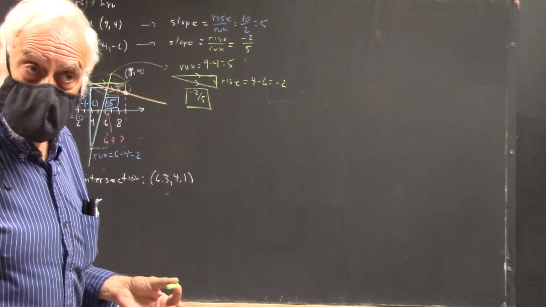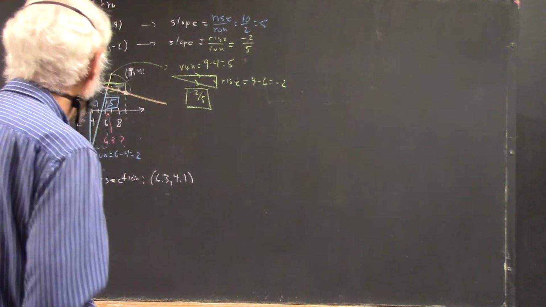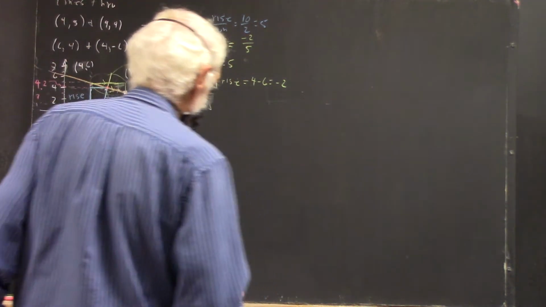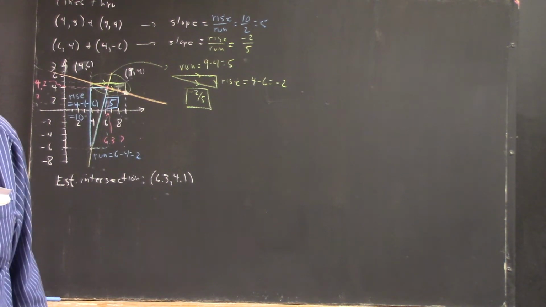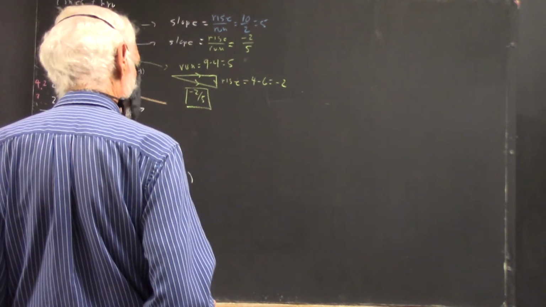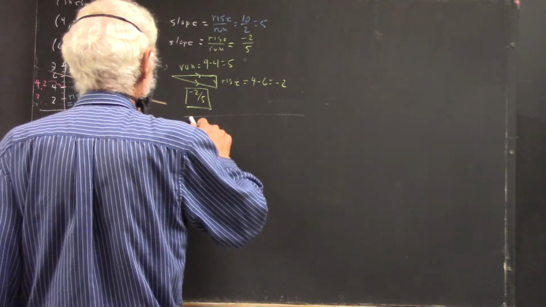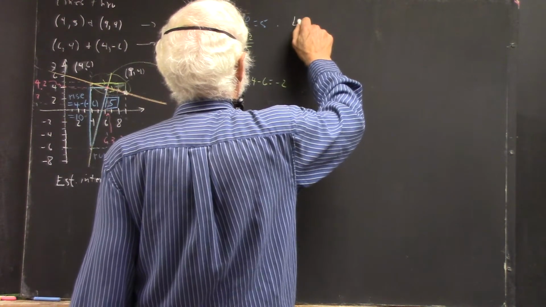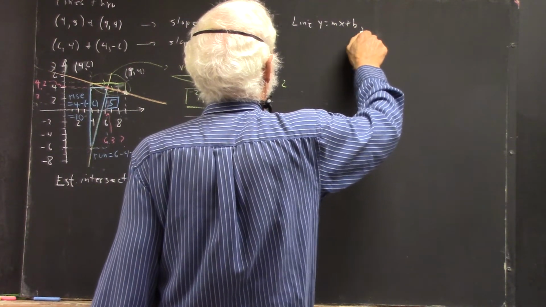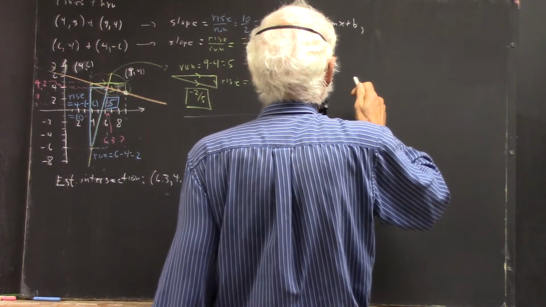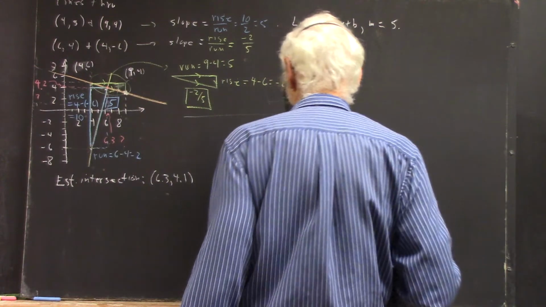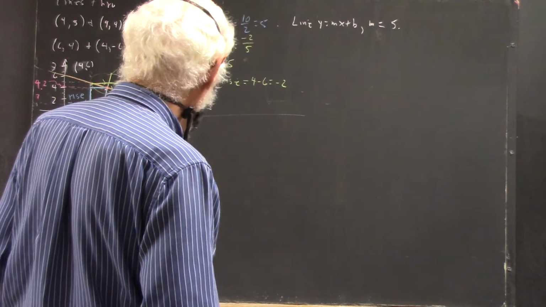Now what's the equation of the line? Well, I'm not going to require this. Actually, I'm going to do it a little differently right now. There are many ways to do it. This line is y equals mx plus b.